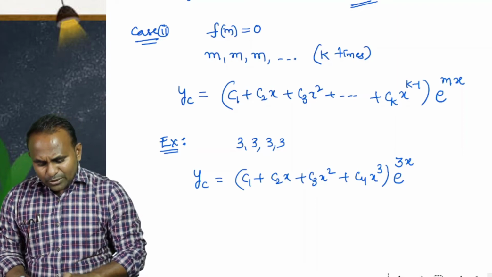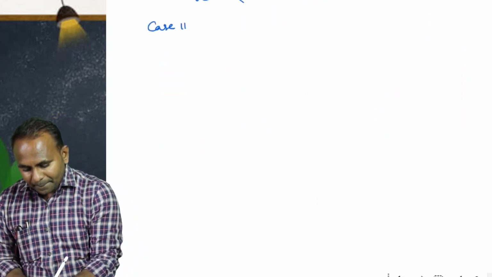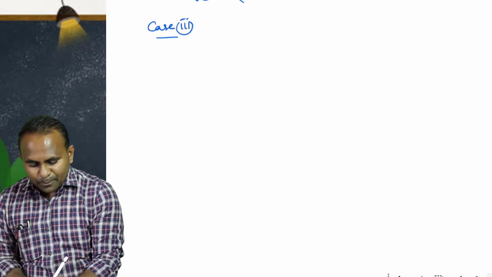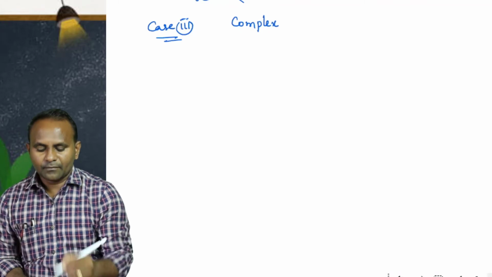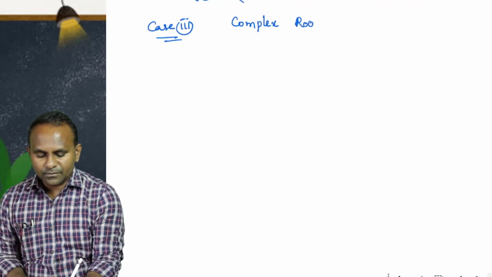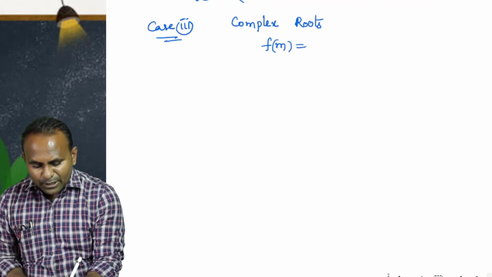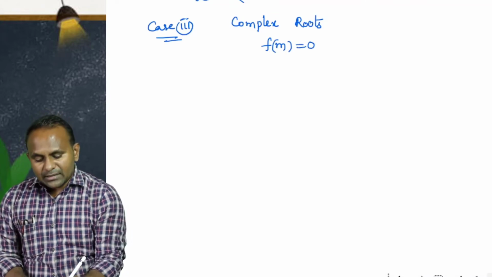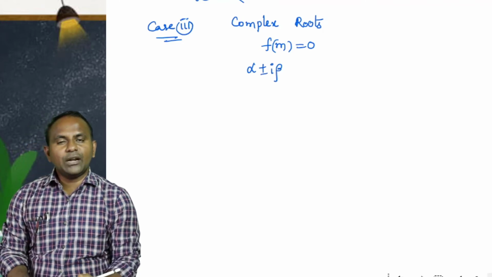And suppose your roots are like, case 3. Suppose you have complex roots. Suppose your auxiliary equation f of m equals 0 from the differential equation has roots like alpha plus or minus i beta, non-repeated complex roots.